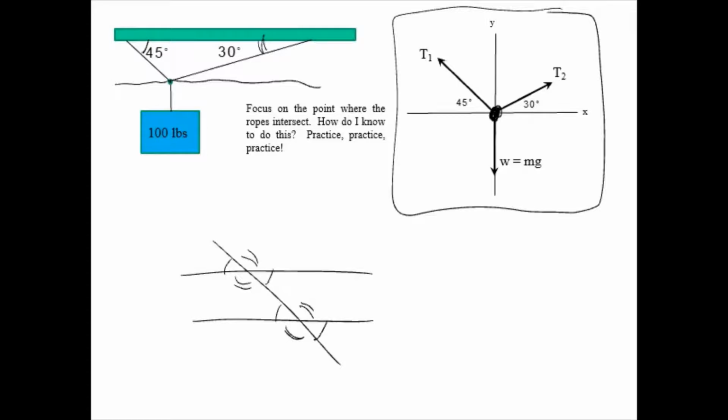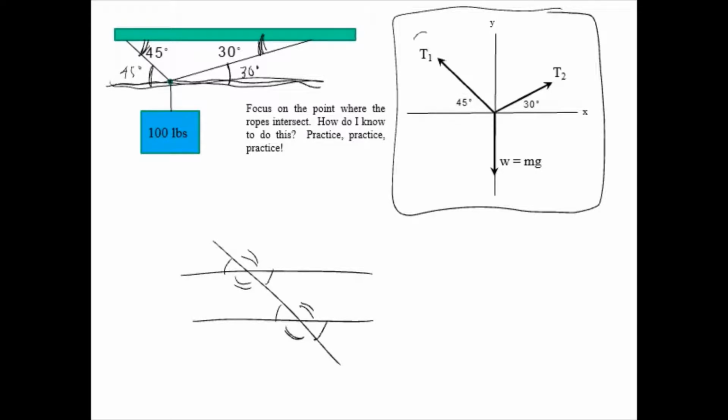So we can see that if we drew a horizontal axis across here, if that's 45 up here, then it's 45 here. And if this is 30 up here, it's 30 right here. Okay? So that's how we get the angles here, and we get those into our free body diagram.